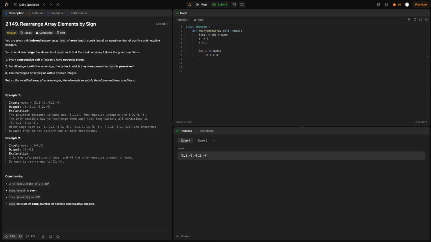So if it's greater than 0, then it's positive, and then we'll just do final at p equals i, and then p plus equals 2, and then else, final at n equals i, n plus equals 2, and then here we just return final.